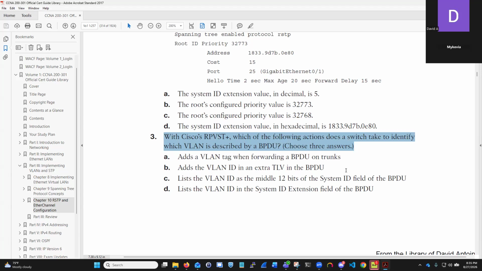I think it's A, C, and D, because I don't know what an extra TLV is. So it's probably wrong, and I might add, I'm not using Google. This is straight off the dome. Let me reevaluate my answers again.